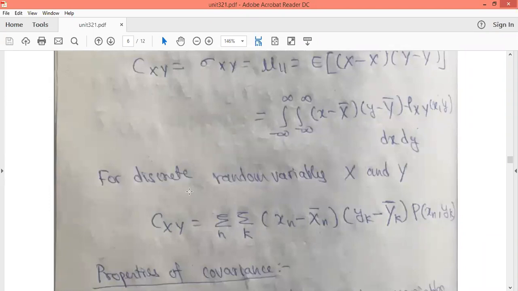For discrete random variables x and y, cxy can be written as summation with respect to n, summation with respect to k, (xn minus x bar) (yk minus y bar) into p of xn comma yk. For the discrete case we have a probability mass function, whereas for the continuous case we have a probability density function. So cxy is summation over n, summation over k, (xn minus x bar) (yk minus y bar) p of xn comma yk.